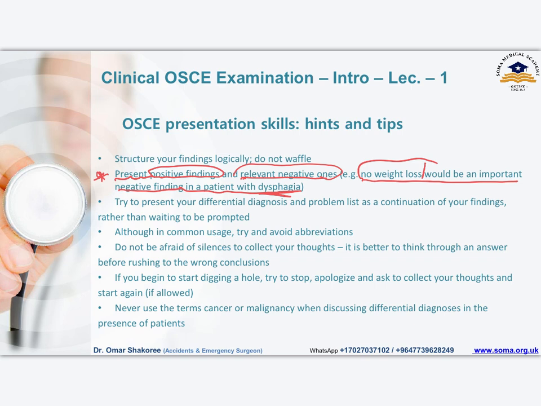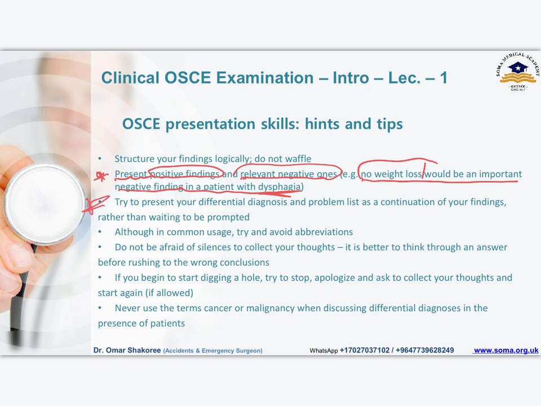On examination, the patient has bilateral basal lung crepitation. If I stop like this and finish the presentation of history and examination, the doctor usually will ask me what I think is the cause.